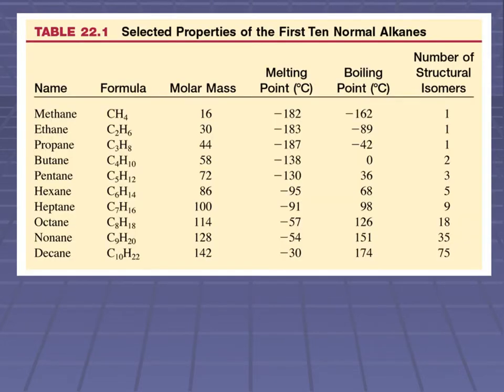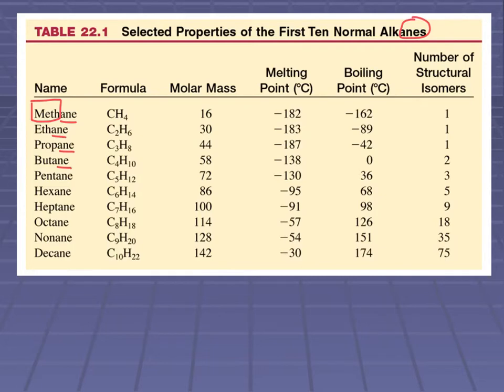So let's take a look at this table. This table contains 10 of the alkanes. Notice when we name the alkanes, the ending ends in ane, just like alkane, right? So notice all the endings end in ane. Now I do want you to notice all of the prefixes here.